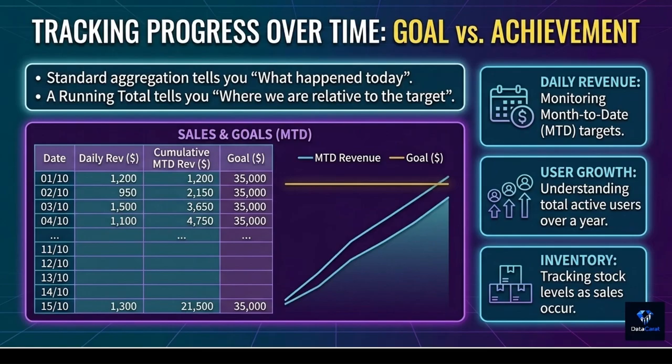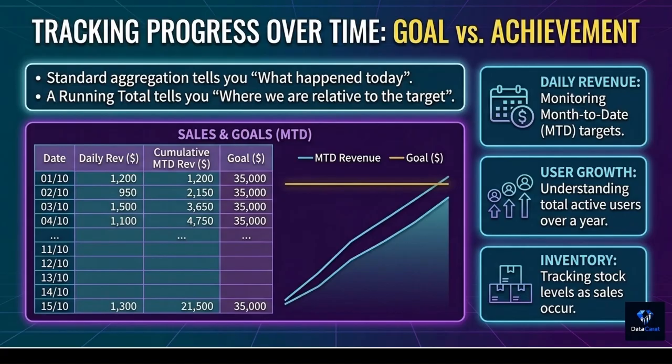Before we start with the code, let's understand why businesses need this. In a company, data is usually recorded as a snapshot. What happened at this specific instance? A standard aggregation just gives you how much, but a running total will tell us how much we got so far.